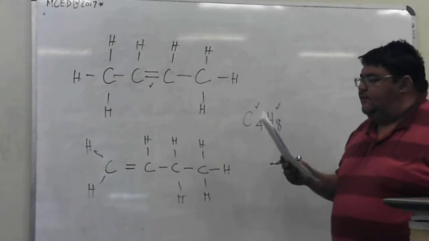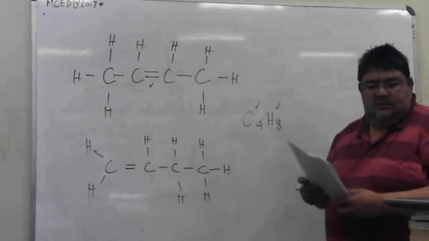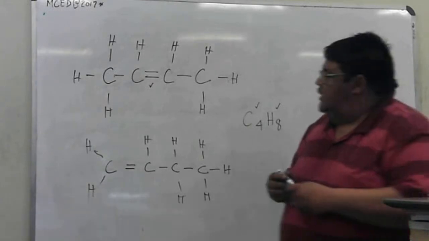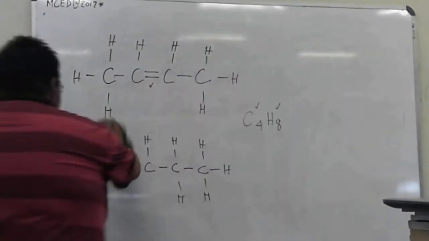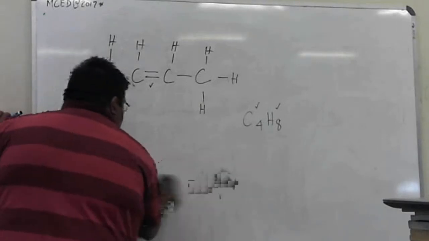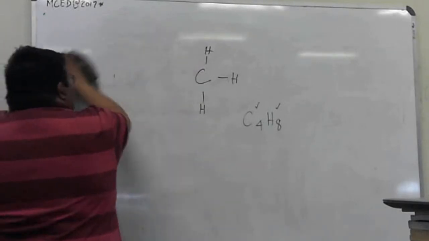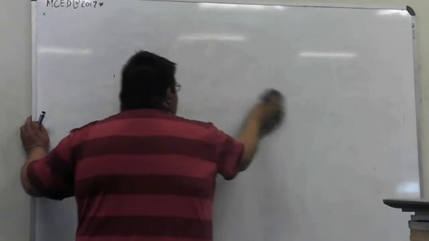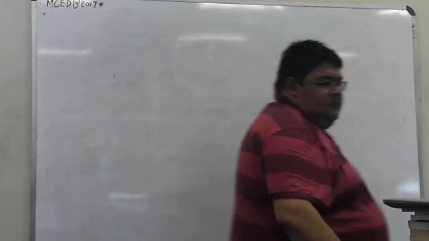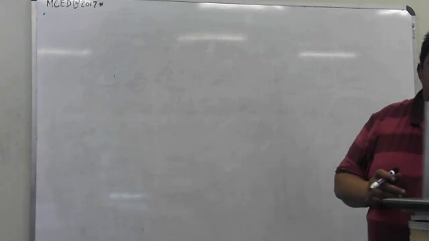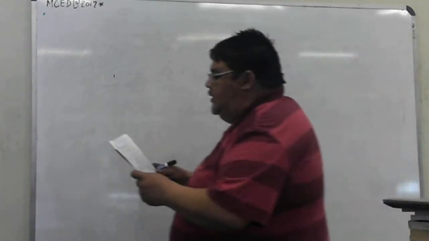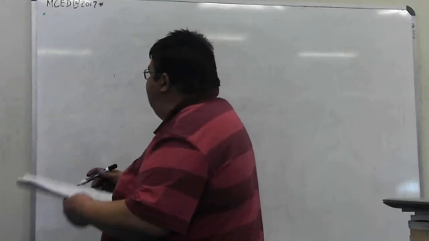Write down the structural formula of B. Okay, let's look at the structural formula of B. B is 1,2-dibromoethene.